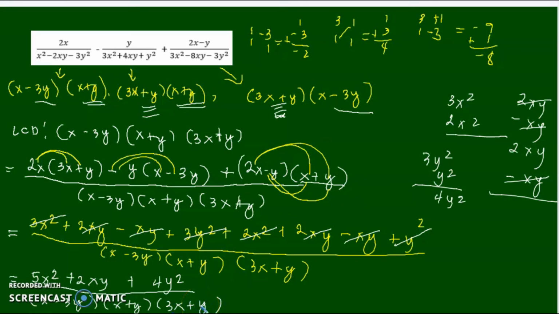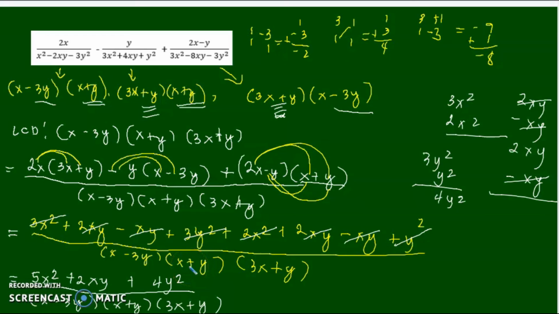And then check if the numerator is factorable. Now, in this case, this one is already prime. It's because the middle term is 2, and the first and the last terms are 5 and 4. So it's impossible to factor the numerator.